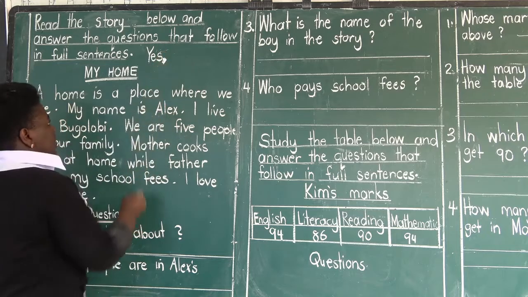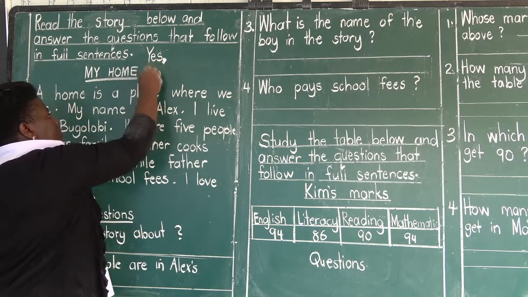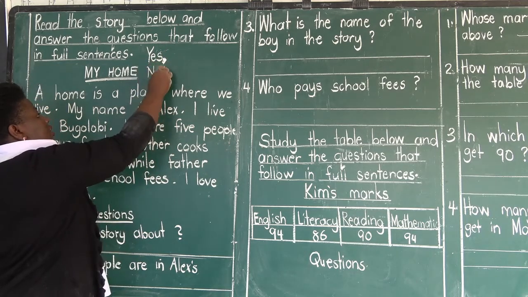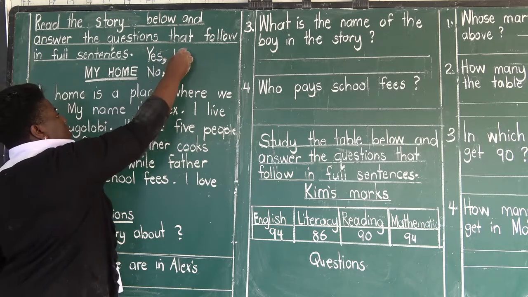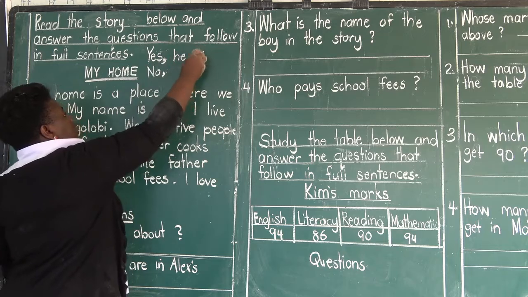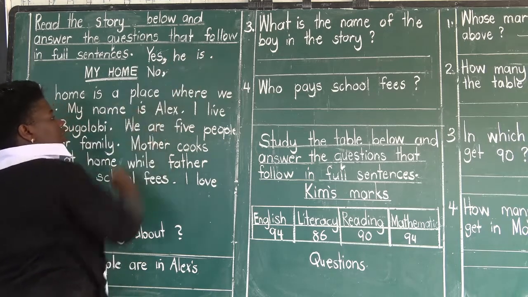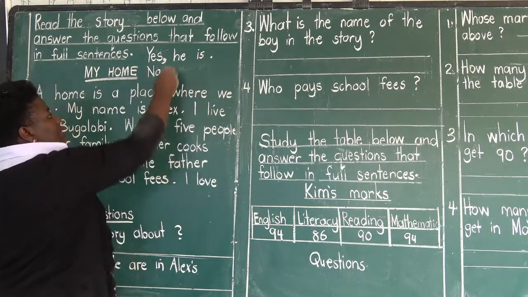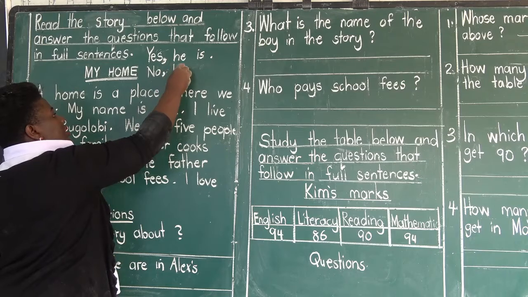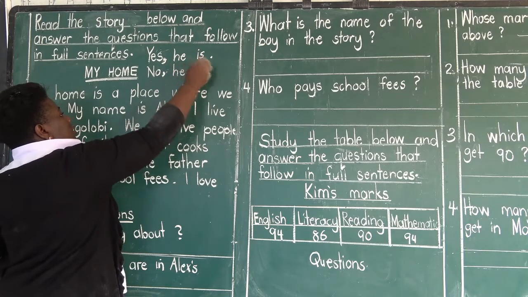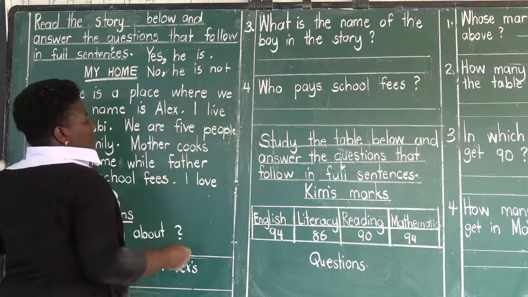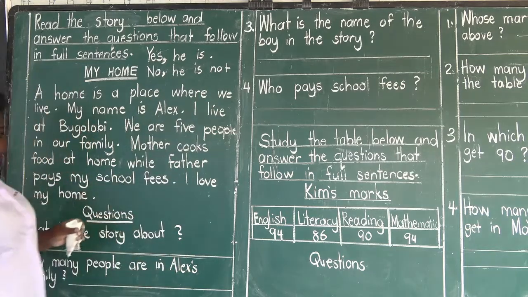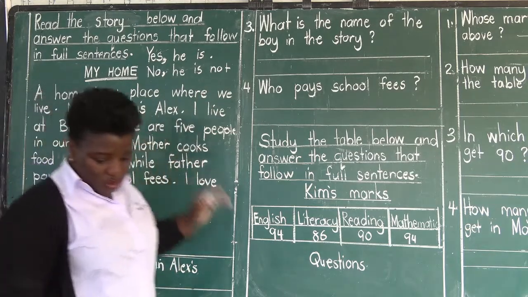After yes, or after using the word no, the next thing is to put a comma. Yes, comma, he is, full stop. No, comma, he is not. If they use she, then you'll have to say no, she is not. So that's what we are going to do.